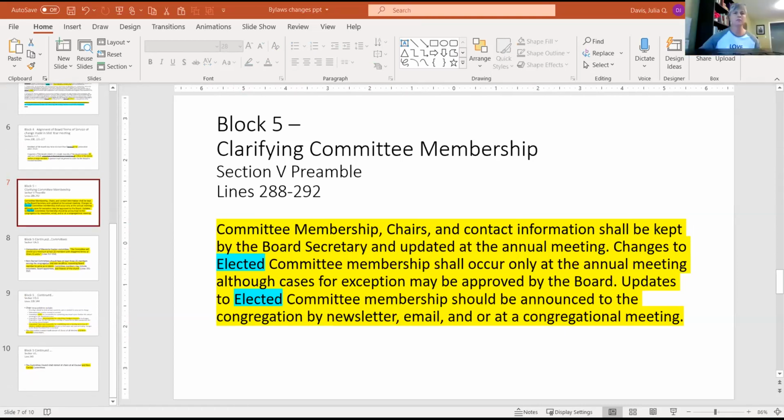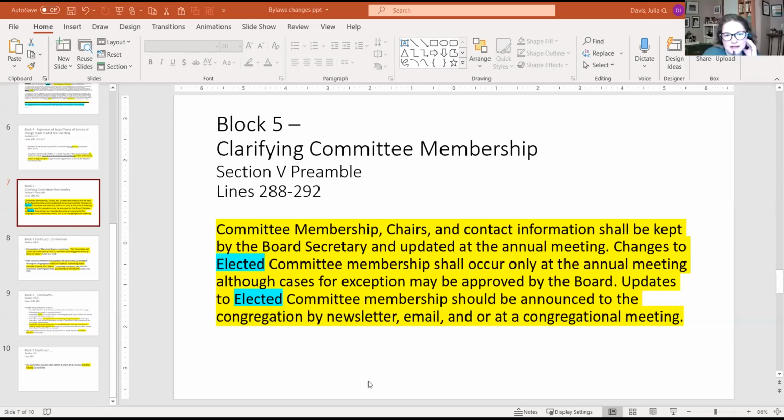That's one of the things that is inconsistent in the bylaws actually. Honestly, right now I can't remember which one it is, but I'll make sure that it's the same as everywhere else in the bylaws. If you leave it at this, it needs to be congregationally elected committees.